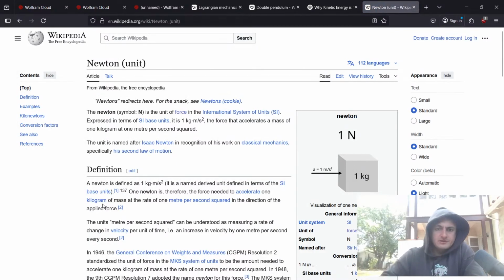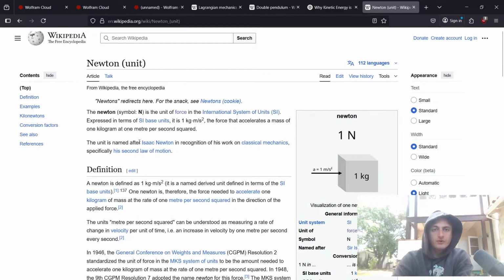It is the force that accelerates 1 kg at 1 meter per second squared. So if I push with 1 Newton, in the first second it's going to be going 1 meter a second, and then 2 meters a second, and I'm applying that force constantly, so that's how the acceleration happens.